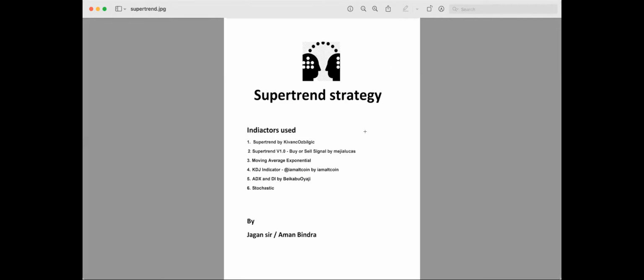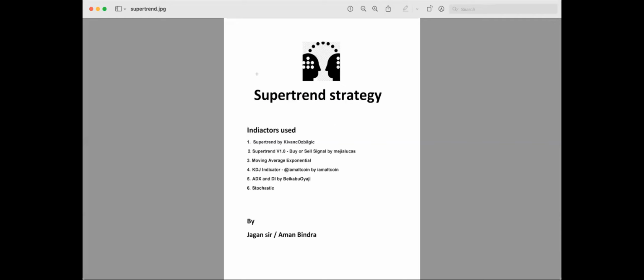So we have used along with super trend some other indicators also, which I have mentioned on the screen. If you may all see, can everybody see that screen? Avinash? Yeah, can you see the screen? Yes. Yeah. Clear.